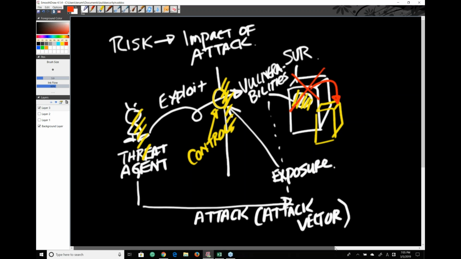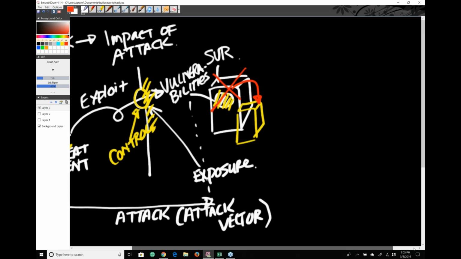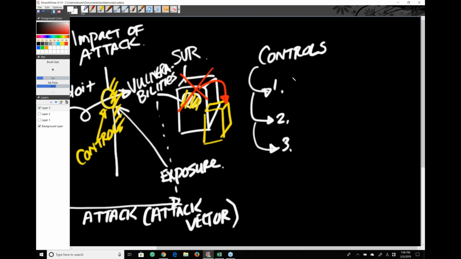Well, I want to talk a little bit more about controls. There are 3 different types of controls. Only one of these is probably of interest to you, but let me go ahead and introduce all 3. One is called the administrative control, I'll just put admin control, and I'll explain that.